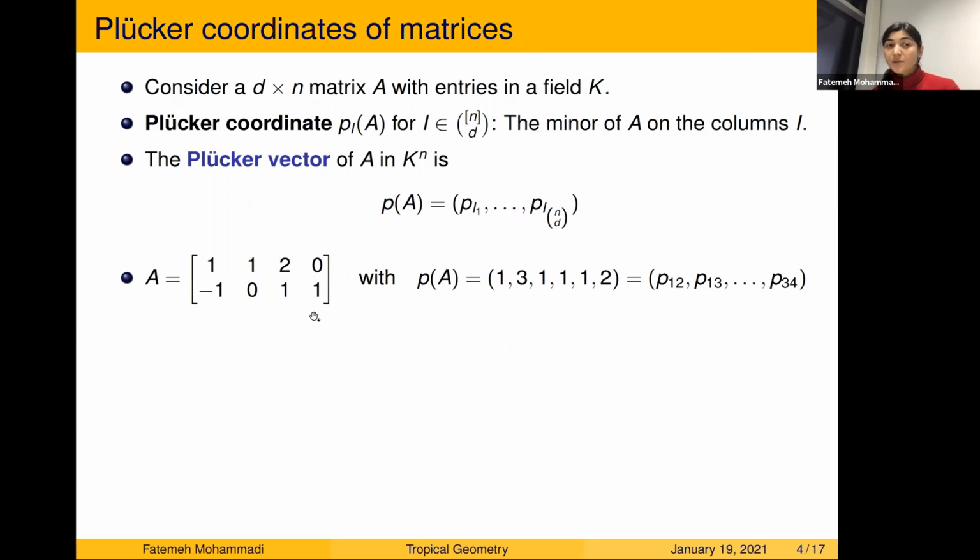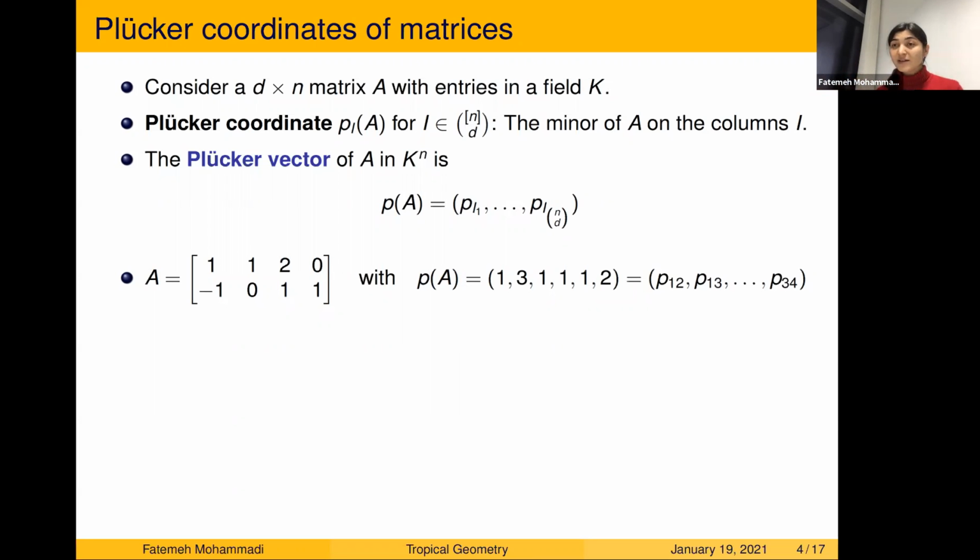I have a 2 times 4 matrix that represents a 2-dimensional vector subspace. To get the Plūcker vector, I look at the submatrix on the first 2 columns, compute this minor, which here is 1, and plug it in instead of P1,2. Then I go to P1,3, plug in the corresponding minor, etc. I have 6 such minors, so my Plūcker vector has 6 coordinates.